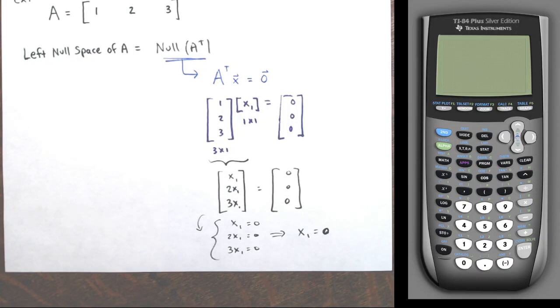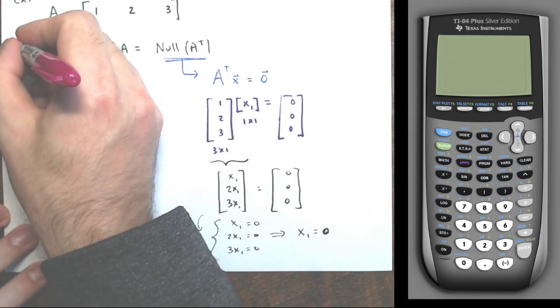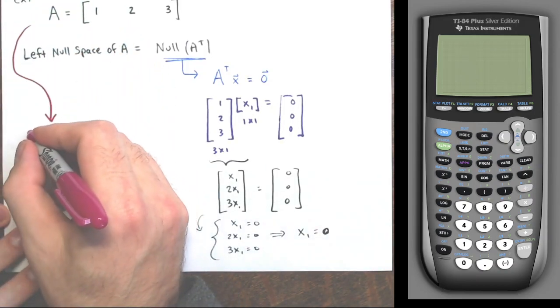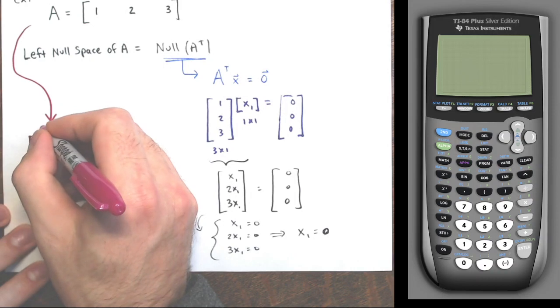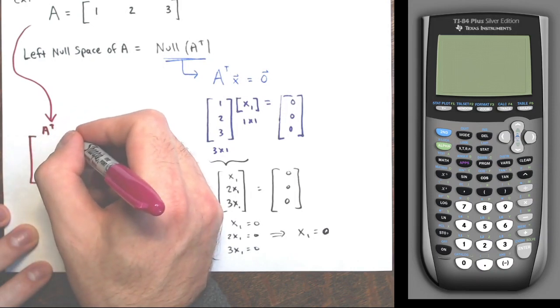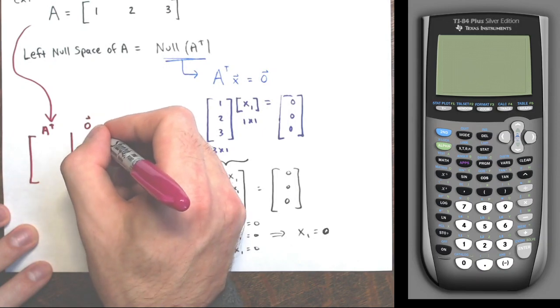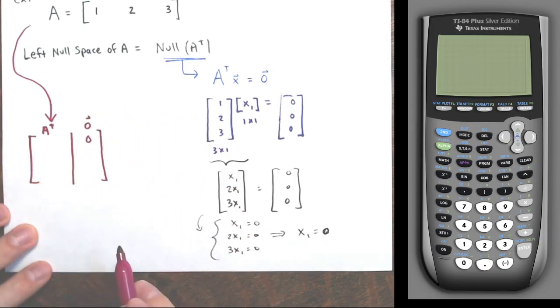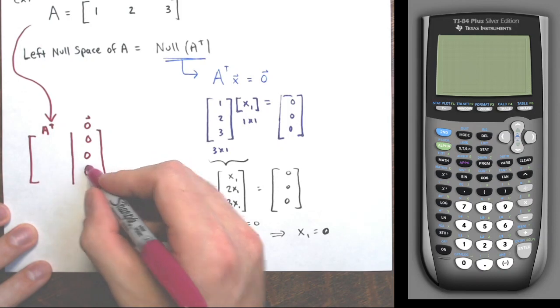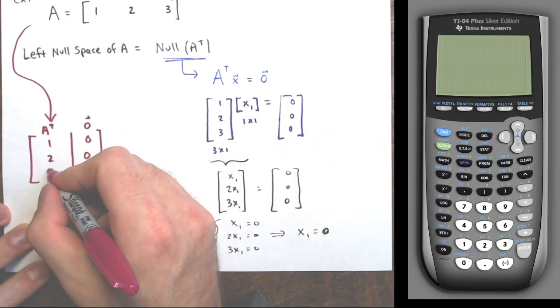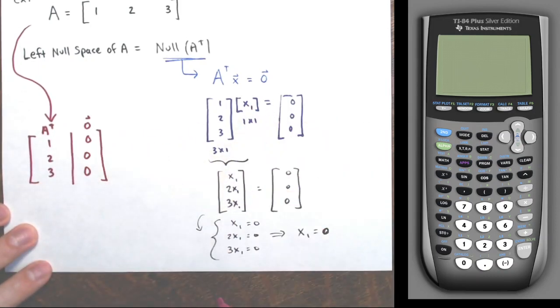Okay. Or you could have gone to, like I said, this is what I'm going to do after this example. I make the augmented matrix where I have A transpose on one side and then some bar and then the 0 vector on the other. And even after this, I'm not going to write the 0 vector. So I have these 3 zeros over here, and then 1, 2, 3. These are the coefficients of x1 on the left side.